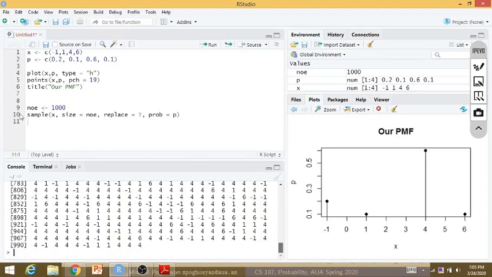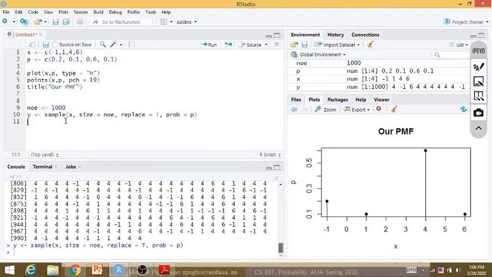The problem was asking to calculate the percentage of fours in this sample. So let me keep this in a variable, Y equal to that. In fact, I'm running this line a second time, so the sample Y will not be the same; it is generating another sample. How do we find how many elements in Y are equal to 4?